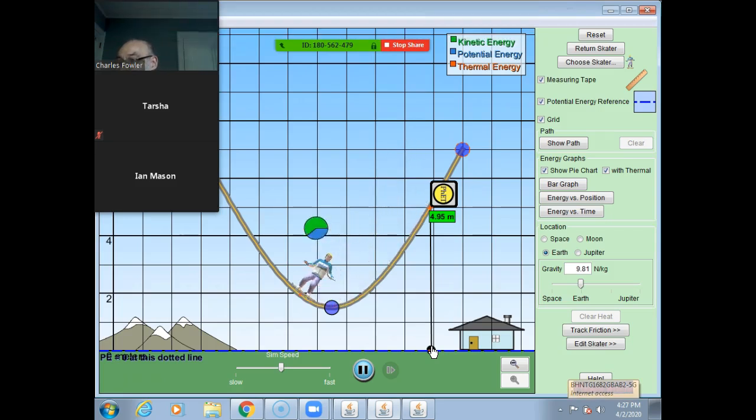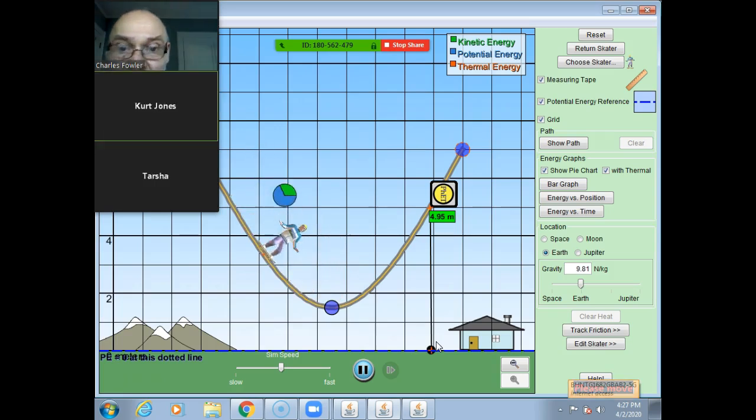First, calculate the potential energy at the skater's maximum height. Well, you know the formula? Potential energy? Anybody? Potential energy formula. Nobody knows it. Is it?